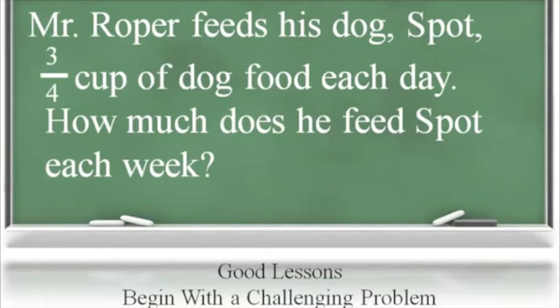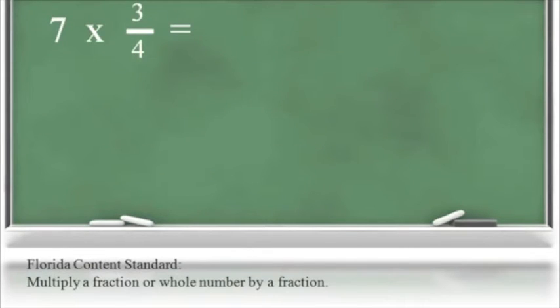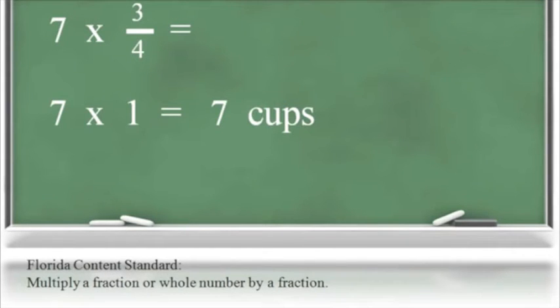If Spot will be given 3/4 of a cup of food each day, then the student would have to find 7 groups of 3/4 of a cup, or 7 times 3/4 of a cup. Your child may estimate by understanding that 3/4 is almost a whole, and 7 groups of a whole would be about 7 cups of food for good old Spot.